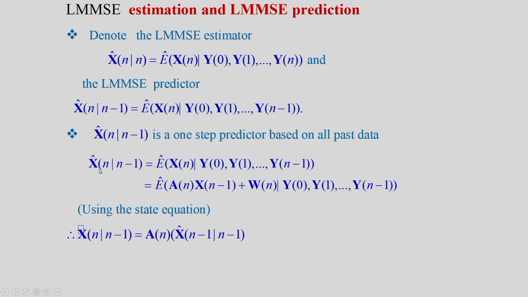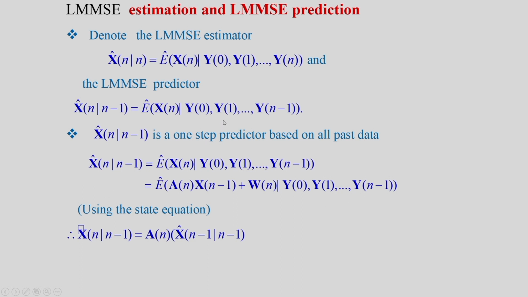Now, this quantity x hat n given n minus 1 we can write as E hat of xn given y0, y1 up to yn minus 1. Now, xn we can write as an into xn minus 1 plus wn. This is the state model we are using. Using this state equation, the expression is equal to E hat of an into xn minus 1 plus wn given y0, y1 up to yn minus 1.